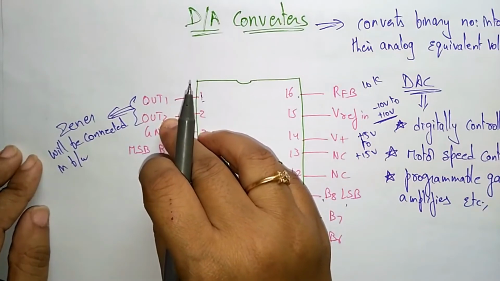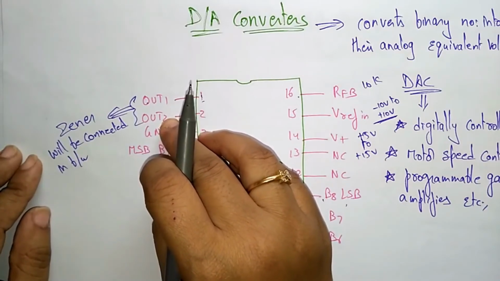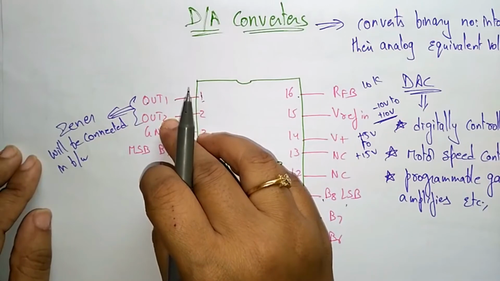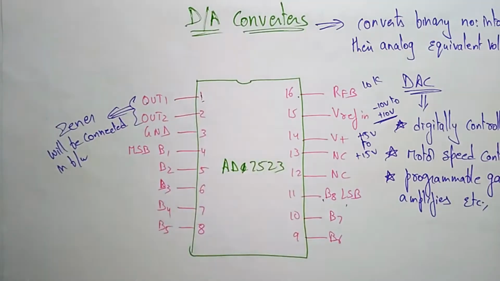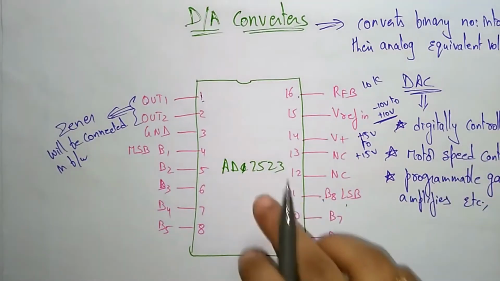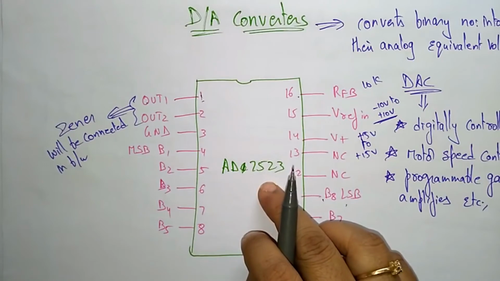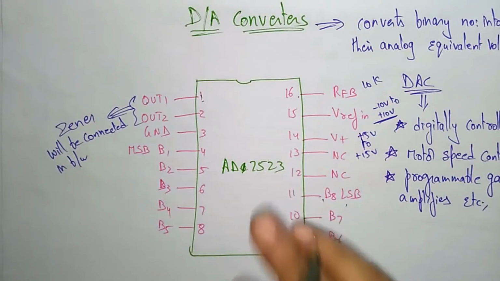An operational amplifier is used as a current to voltage converter at the output of the AD7523, and an external feedback resistance acts to control the gain.